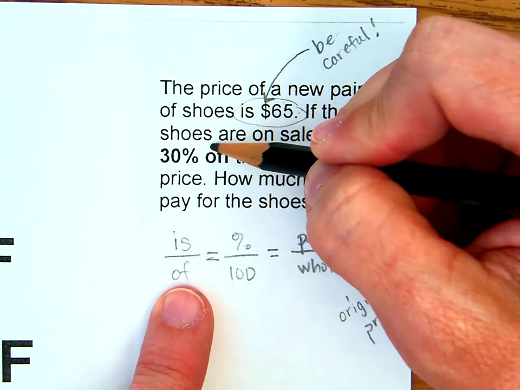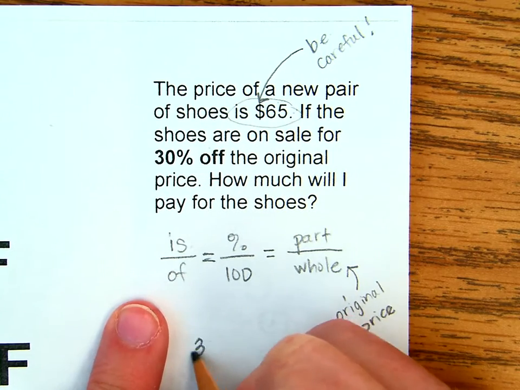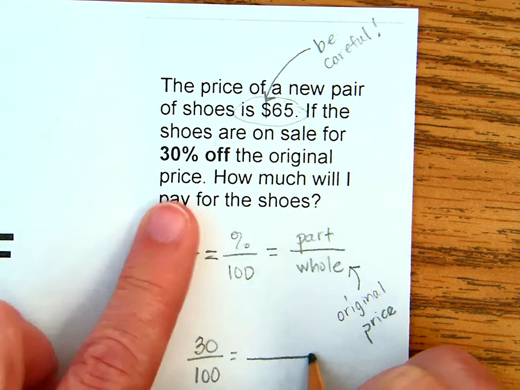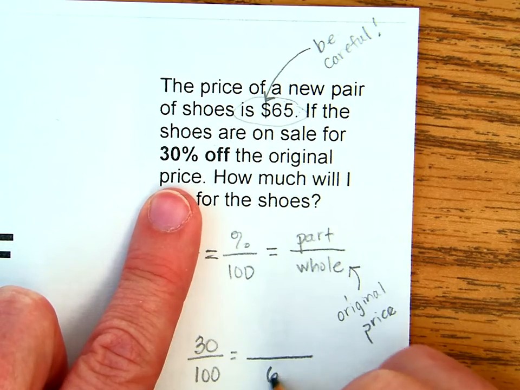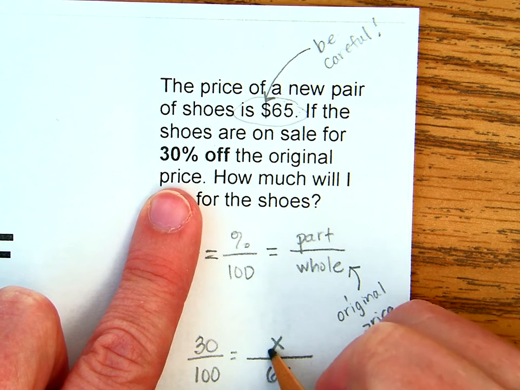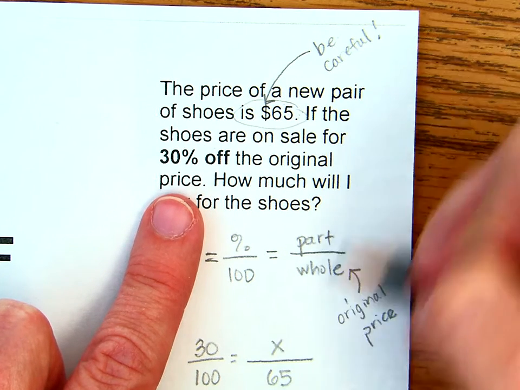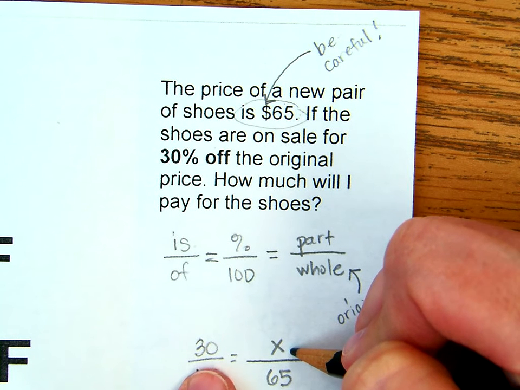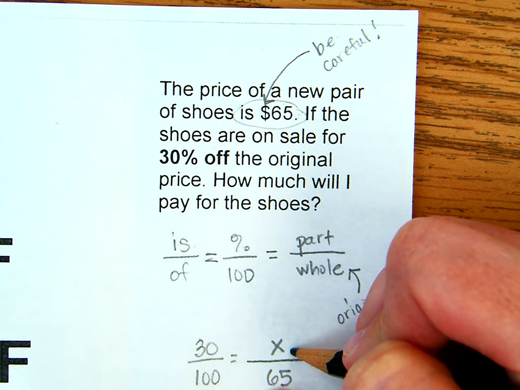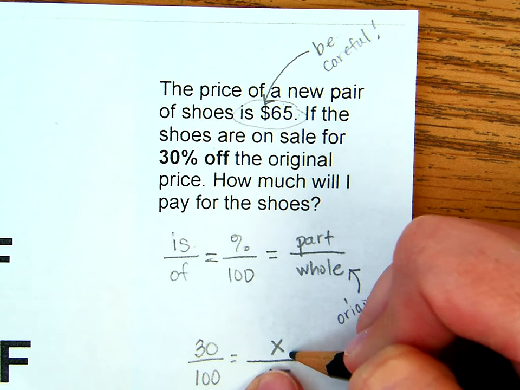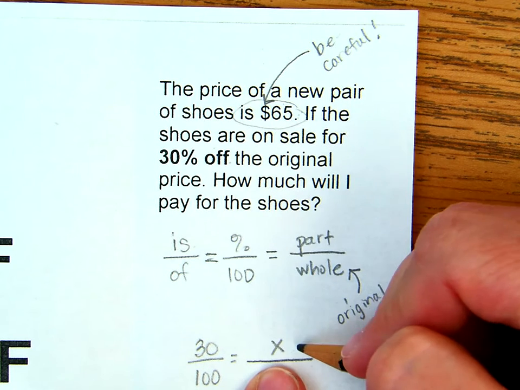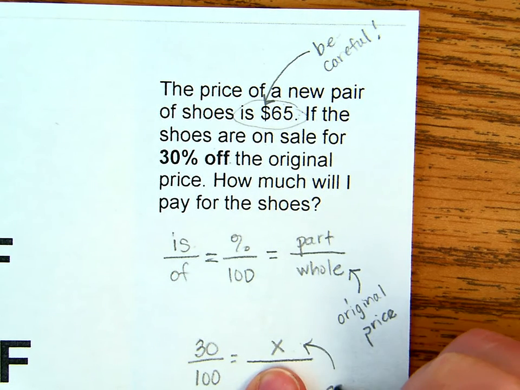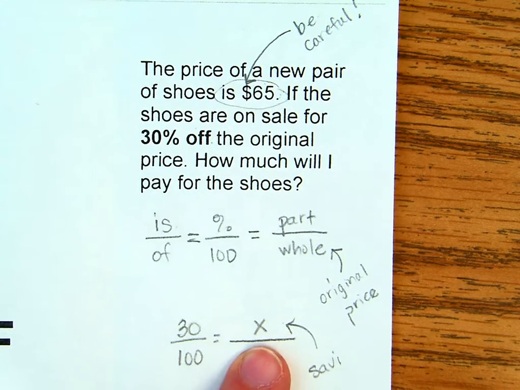So we have a 30% off, so that's going to be 30 out of 100. And the original price is $65. The price that we're going to find up here, the dollar amount, is going to represent the 30% of 100, or of the $65 price. But remember that this is 30% off, so it is the amount you're going to be saving, not the amount that you're going to pay for the shoes.